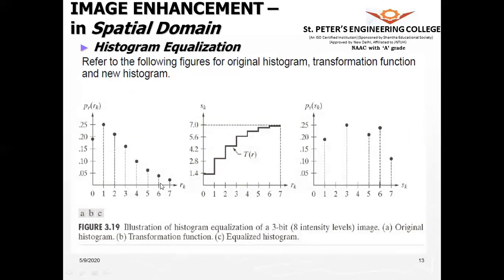So we see that histogram equalization is performed. Of course it should be uniform, but you don't get a flat top. It is somewhat flat because this is discrete. If you are using a continuous function, then you will get an exact flat top, which I had shown in the beginning.